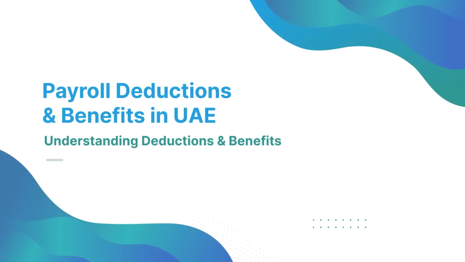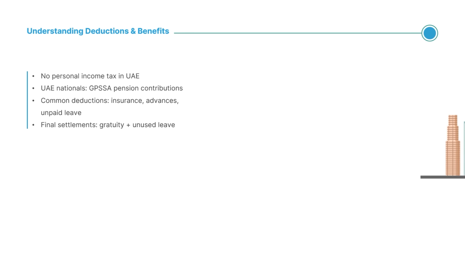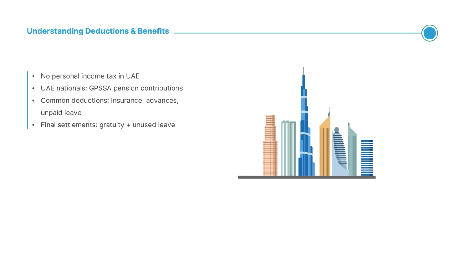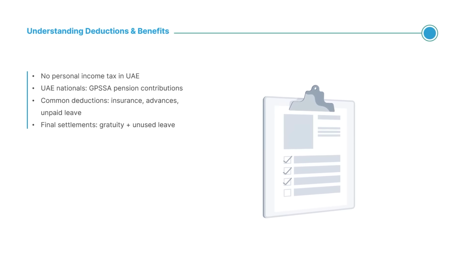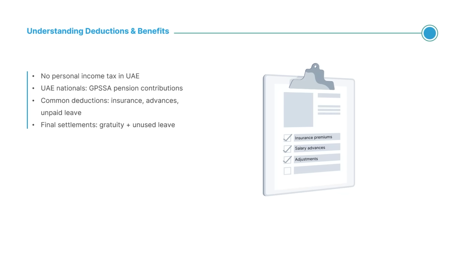The UAE does not levy personal income tax, but payroll still includes deductions and benefits. UAE nationals contribute to the General Pension and Social Security Authority, typically with both employer and employee contributions. Other deductions may include insurance premiums, salary advances, or adjustments for unpaid leave.